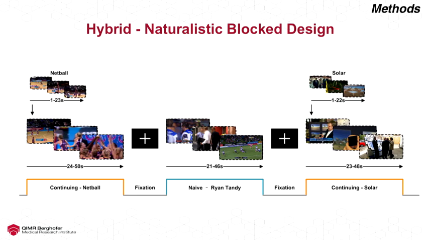So this is essentially a hybrid block design, where we are manipulating these two conditions, continued viewing, which involves memory retrieval, versus naive. Just like a block design, it is highly efficient. The total task takes about 10 minutes.